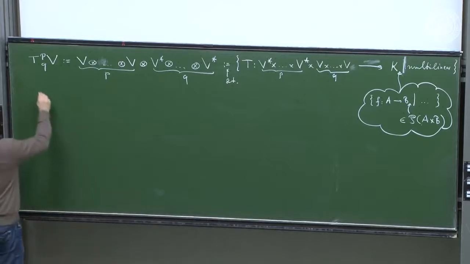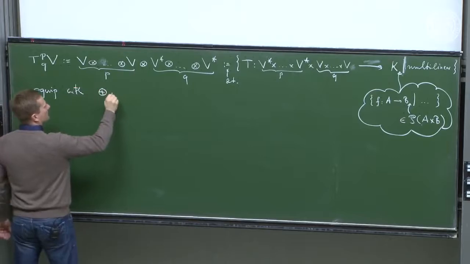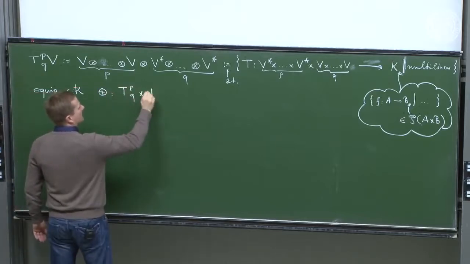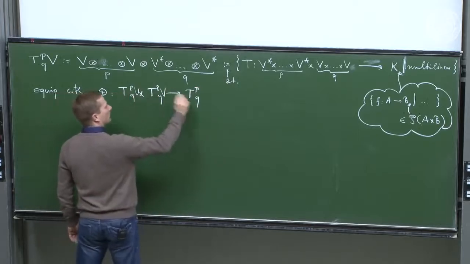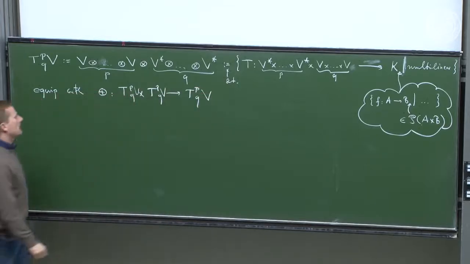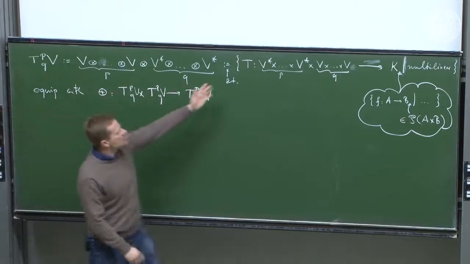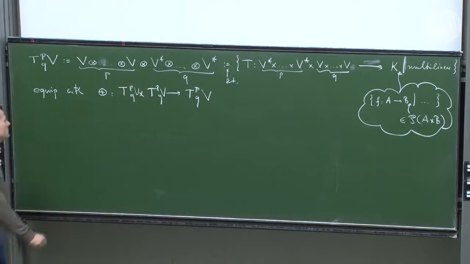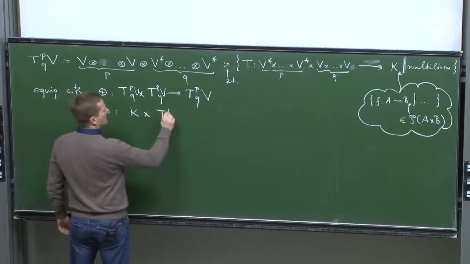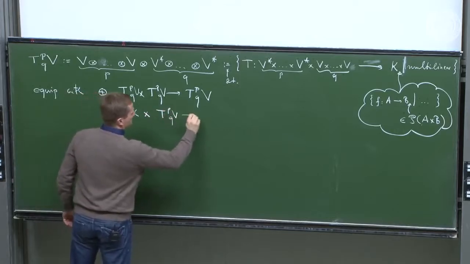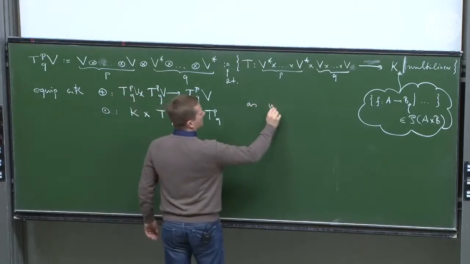And then we can equip it with addition and multiplication. I have an addition that takes a PQ tensor and another PQ tensor, and produces from it a PQ tensor over some given vector space V, and that is defined pointwise. So the addition on tensors is the addition of these maps as it's defined pointwise, and there is an S multiplication that takes an element of the field together with a PQ tensor and produces a PQ tensor as usual.